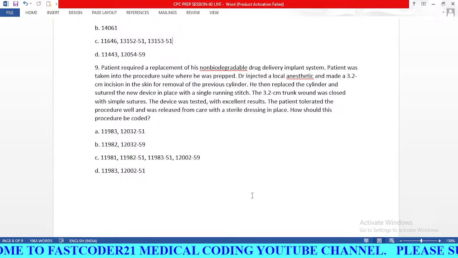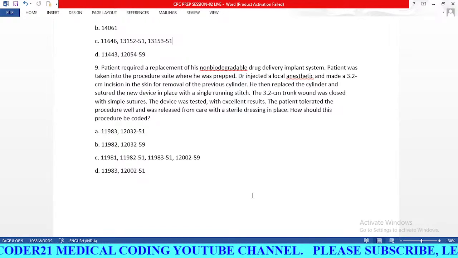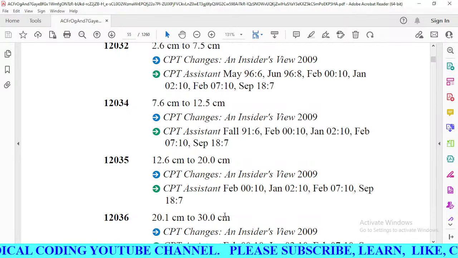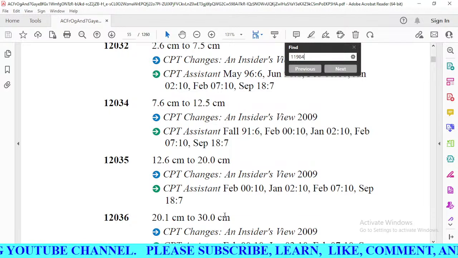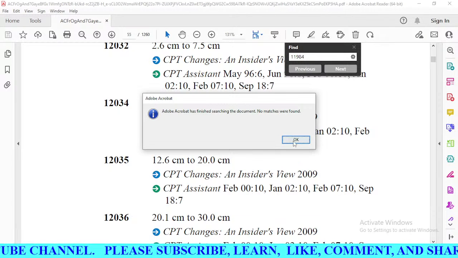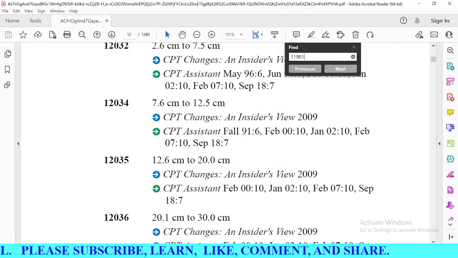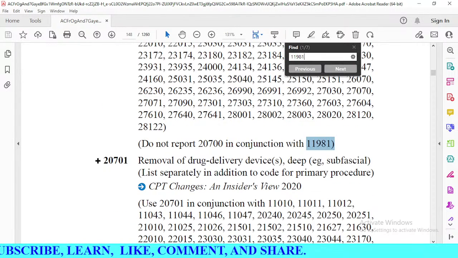If you check 11981, you guys check among yourselves and write the answer in the chat box.